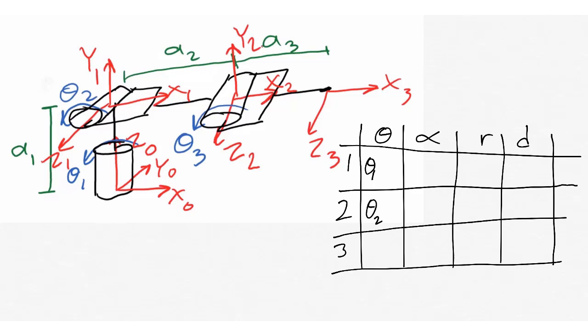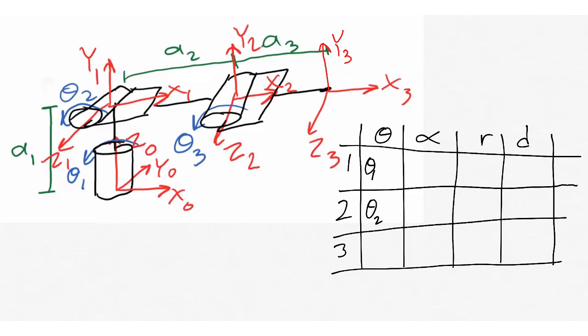Lastly, when we compare frame 2 and frame 3, it looks like my frame 3 is missing an axis. Y3 is actually pointing up here. In theta for the third row, we do have a part of the rotation that is due to the joint variable.